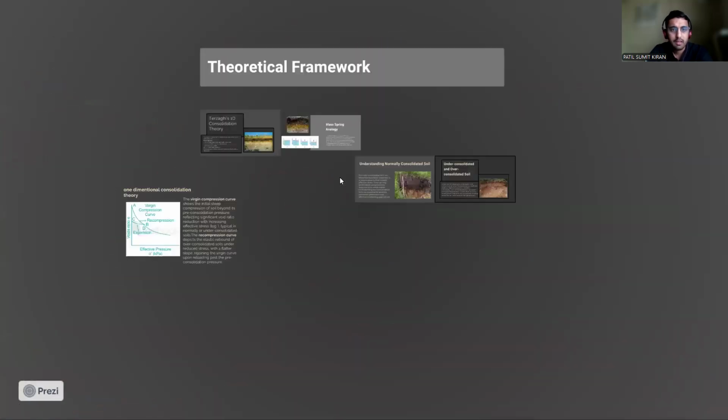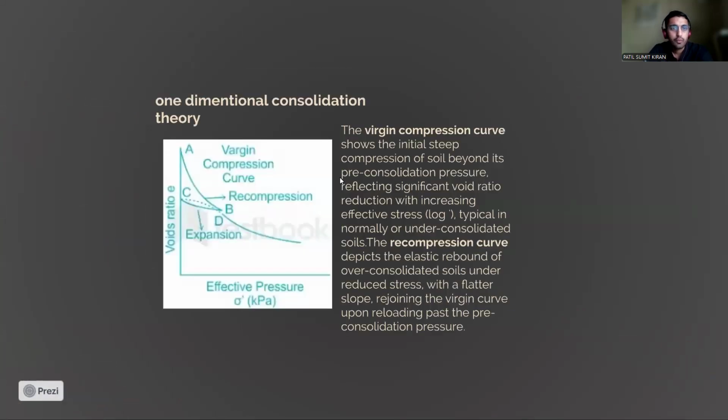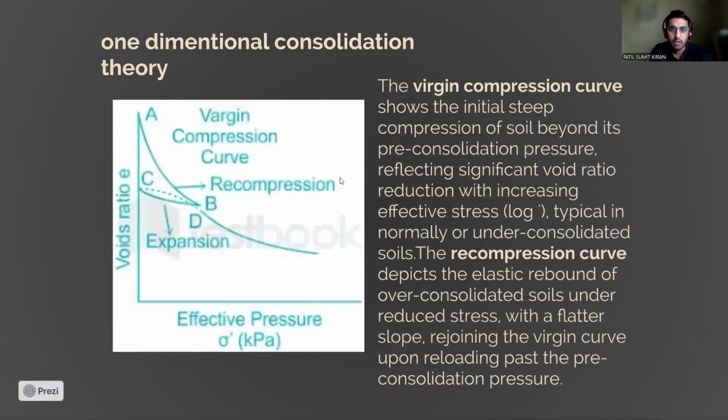So this is the next part, where we are going to understand the theoretical framework. First is the one-dimensional consolidation theory. Here is the curve. We can see the virgin compression curve and the recompression curve. Understanding this curve, we can state that from A to B, when the effective load is first applied, the soil gets compressed.